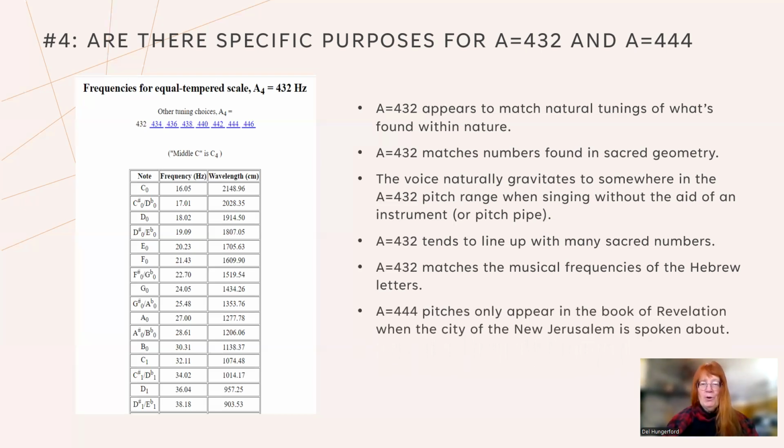The 444 pitches only appear in the book of Revelation when the city of New Jerusalem is spoken about. It's the measurements of the city. All of those measurements tend to line up with 444. And I thought, that's interesting. But in addition, a few sacred numbers do appear in the 444 concert pitch. I would say 95% of the stuff I found fits in with 432.